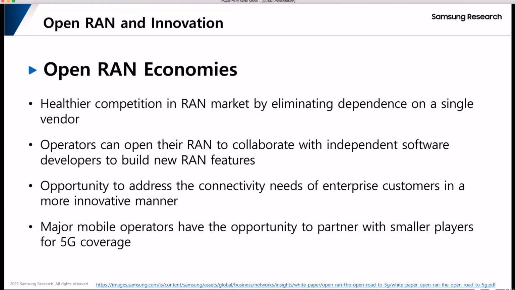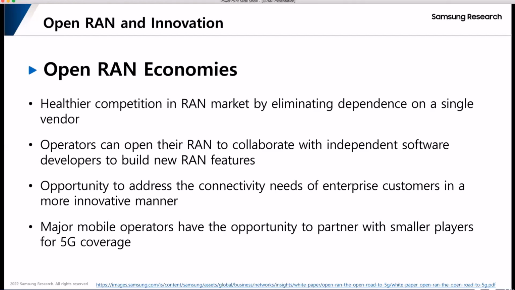So in an Open RAN economy, or if Open RAN was adopted by all operators, it would be a win for almost everyone. There would be healthier competition within the RAN market, as it would allow more vendors to enter the market. So instead of having to produce their own hardware and software together, they could focus on one aspect due to the standardization of interfaces.